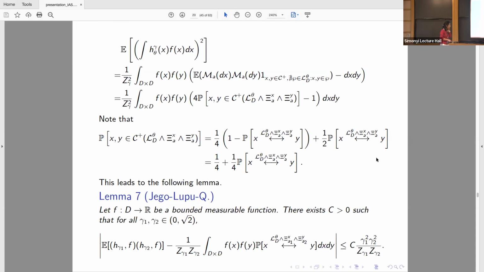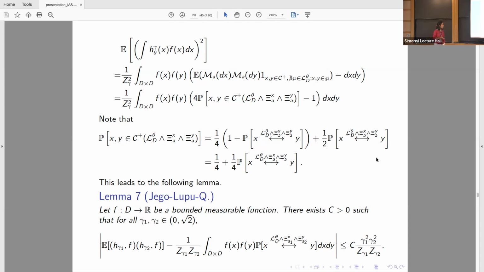So let me explain. Here this is the probability that x is connected to y inside the loop soup union with two independent sets of loops rooted at x and y, which correspond to the thickness at x and y. So our second moment is in fact very close to this integral involving the crossing probability of the clusters in the loop soup.